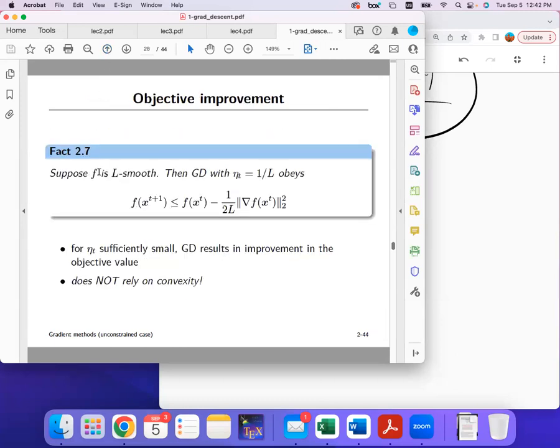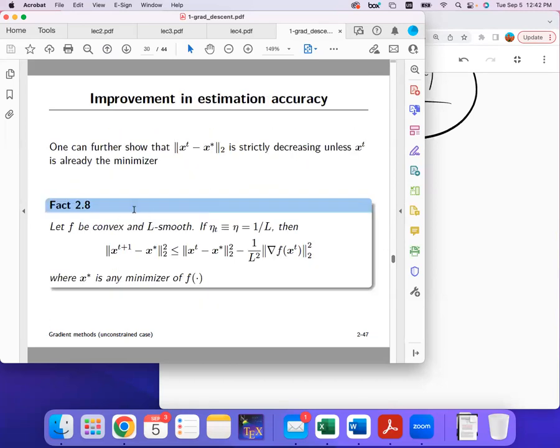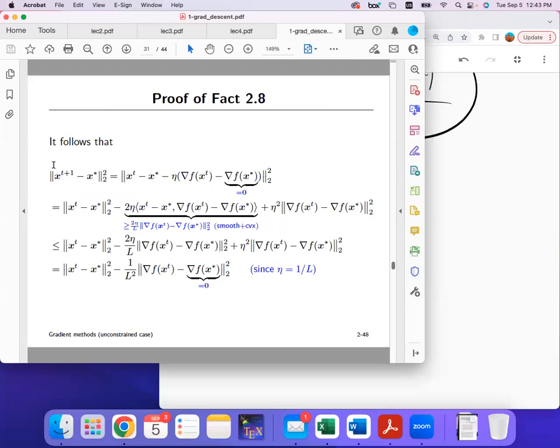The previous one is more flexible because it only requires the function to be smooth. The function may not necessarily be convex, but here we require the function to be convex in addition. And the proof of this result is not that straightforward. So let's consider the proof.